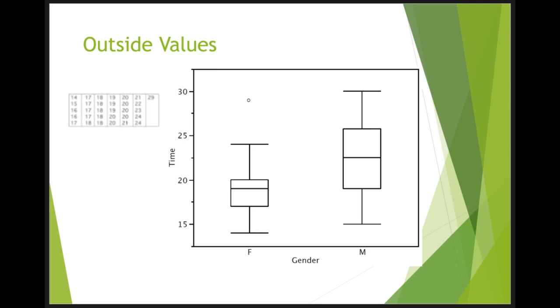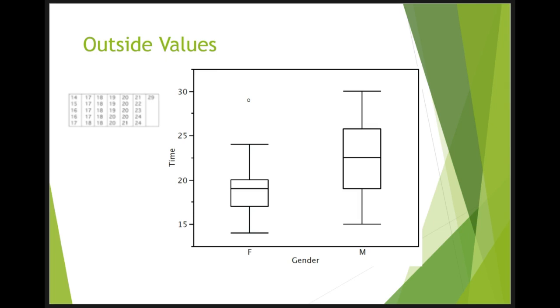An outside value is defined as a value beyond the inner fence, but not beyond the outer fence. For the women, the upper inner fence is 24.5, and the upper outer fence is 29. Notice that there is one value that meets this criterion, 29. This value of 29 is therefore an outside value.